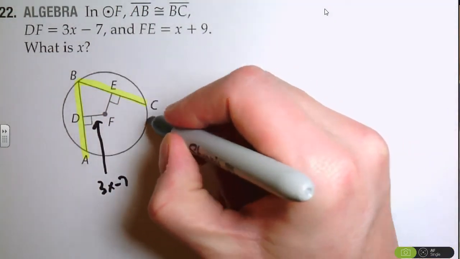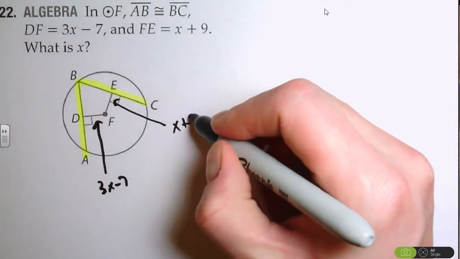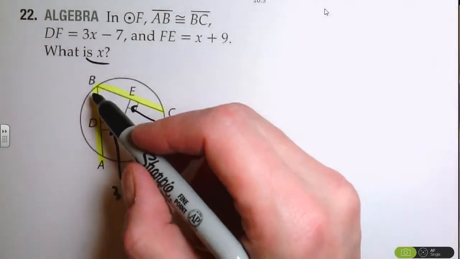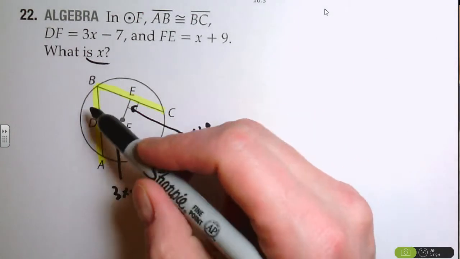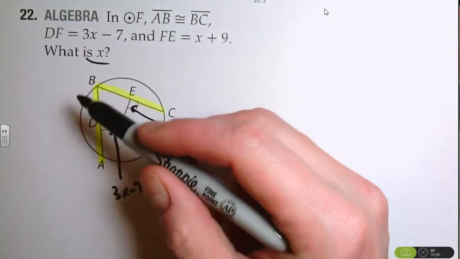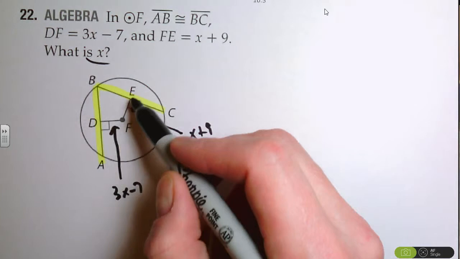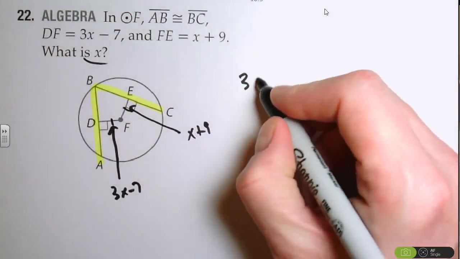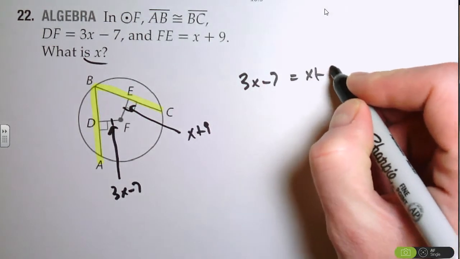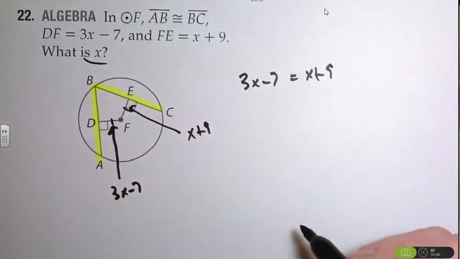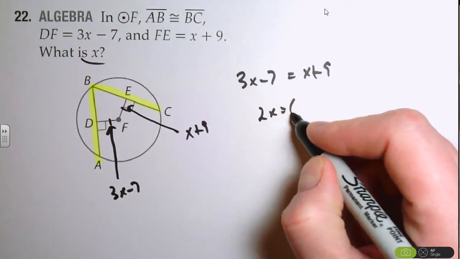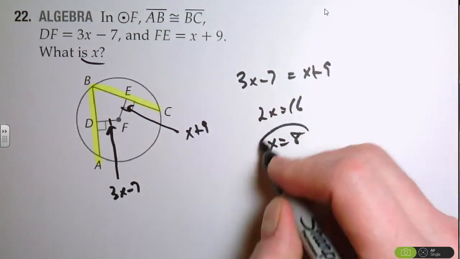FE is x plus 9. What is x? Well, we have a theorem that says if two chords are the same size in a circle, they're the same distance from the center of the circle, which is what we're really using here. So 3x minus 7 has to equal x plus 9 because DF has to be congruent to EF. So subtract an x, add 7. 2x is 16. Divide by 2, x equals 8.